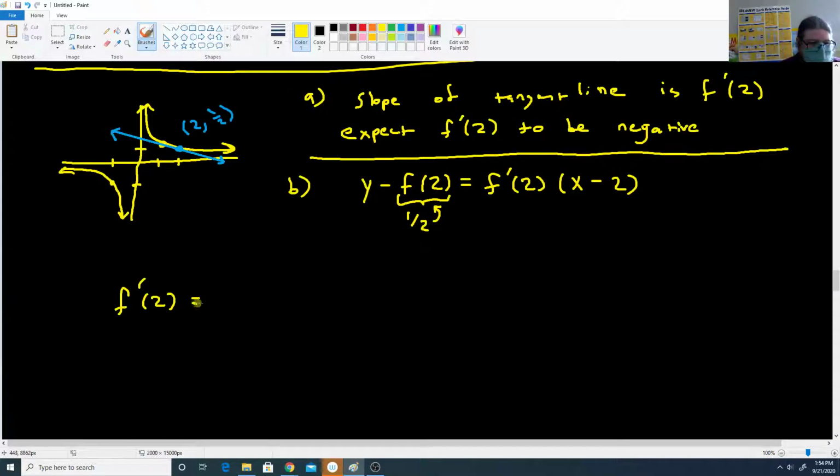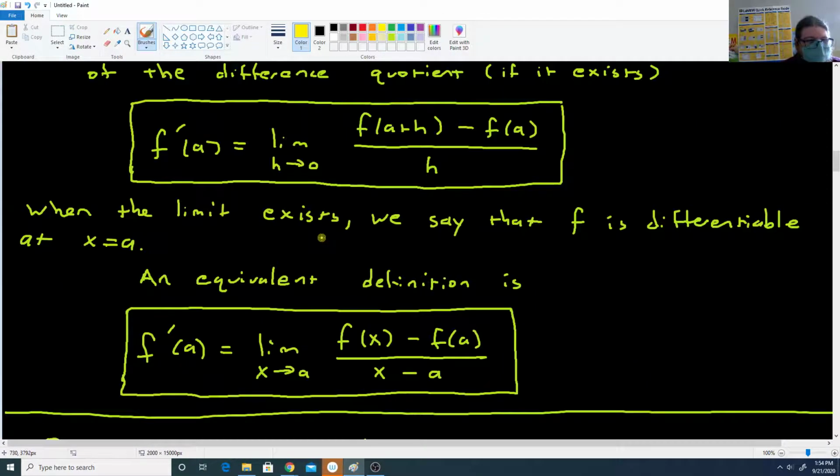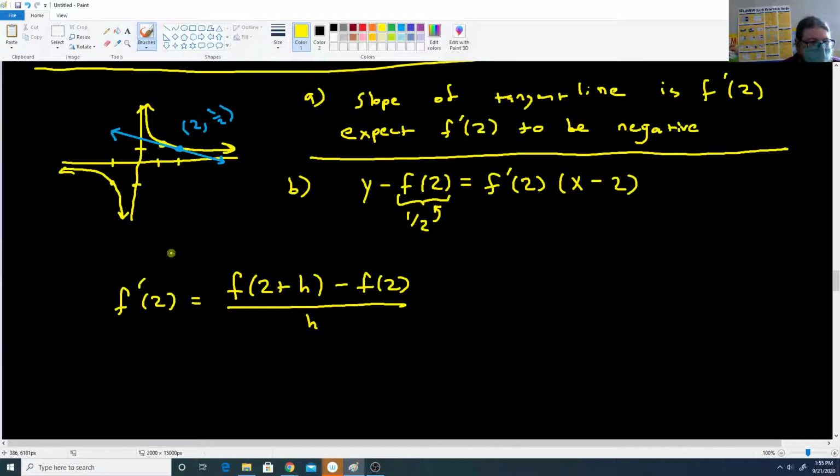So let's calculate f prime of 2. I'm going to use the definition: f of a plus h minus f of a, all over h. Since 2 is a, that's f of 2 plus h minus f of 2, all over h. I think I forgot the limit, and I need the limit as h goes to 0.